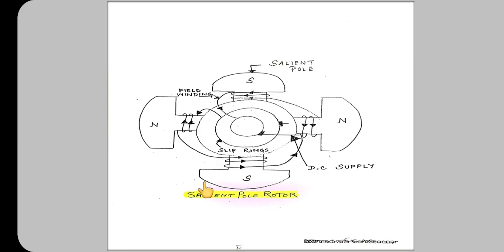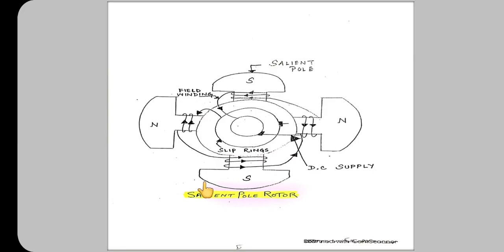As we know, Ns is 120 f by P. Now the frequency is fixed at 50 Hz, so to get a small speed, we need to increase the number of poles. Now a low speed rotor always possesses a large diameter to provide the necessary space for the poles.